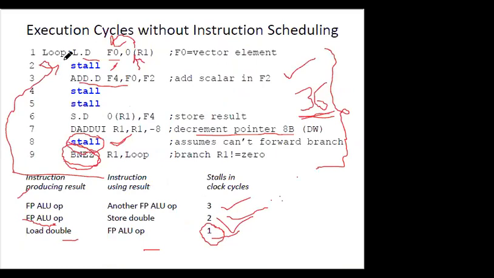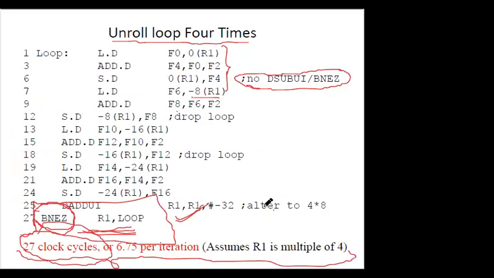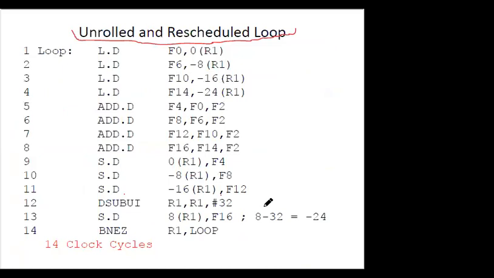As we can see in this program, we have a load, then we have a stall, then we perform an add, then we have two stalls according to the stalls and latencies of this clock cycle. So what we have done in this part is loop unrolling, and with the loop unrolling, we have done the rescheduling of the loop.